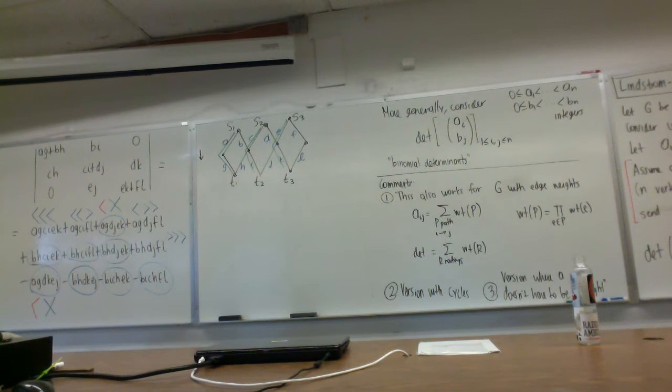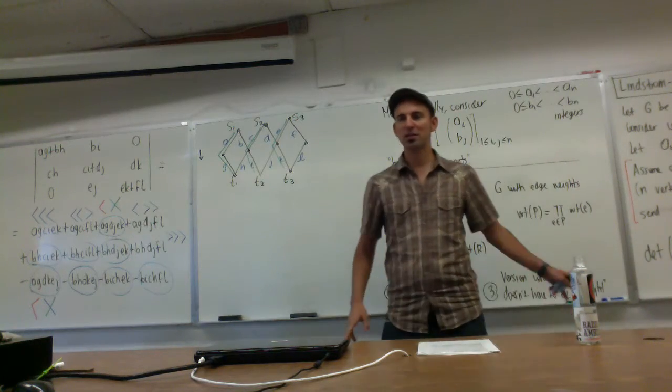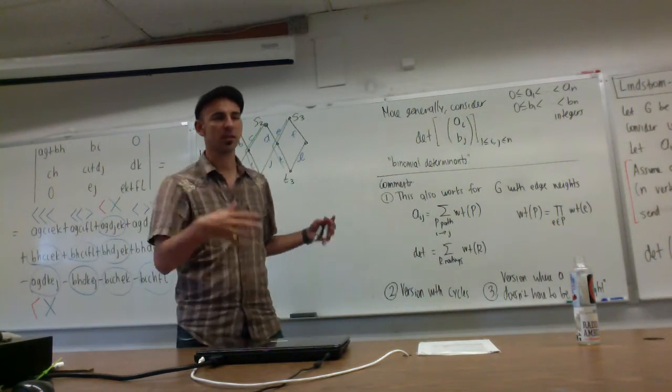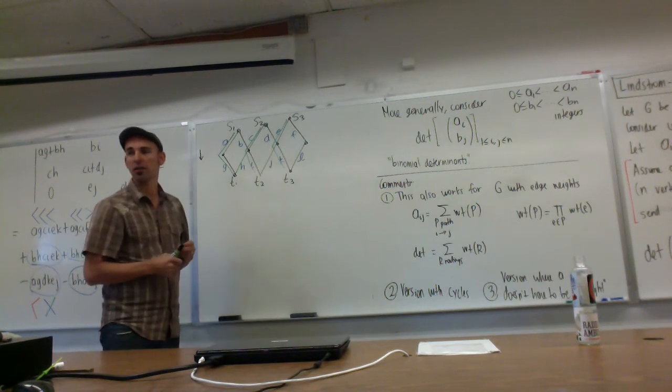Okay, so I'm going to prove this in this version that's slightly simpler, but if you ever need this, there are versions that deal with cycles and that deal with things not being lined up left to right like they are here.